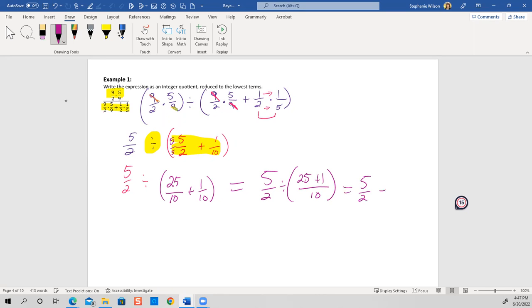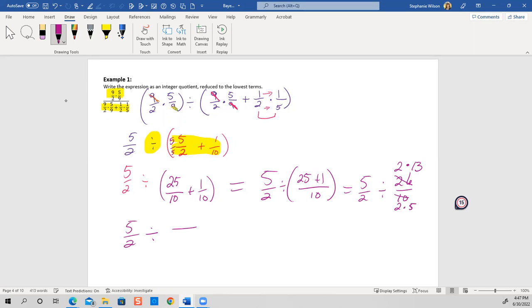5/2 divides 26/10. I can go ahead and reduce this now if you wanted to, and then do the rules for division of fractions. Sometimes it's easier, so let's go ahead and do that. I noticed that 26 can be reduced by 2. 2 goes into it 13 times. 2 goes into 10 5 times.